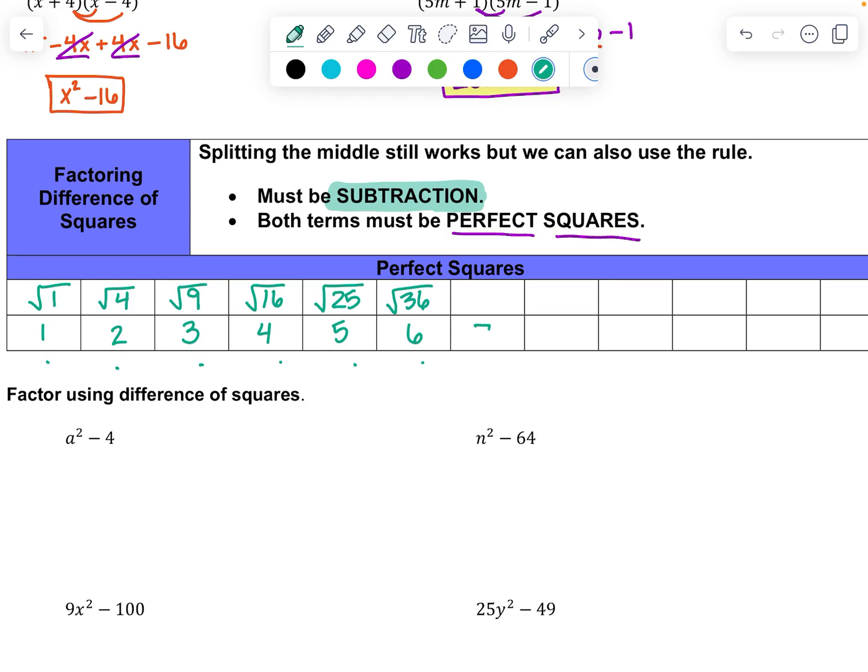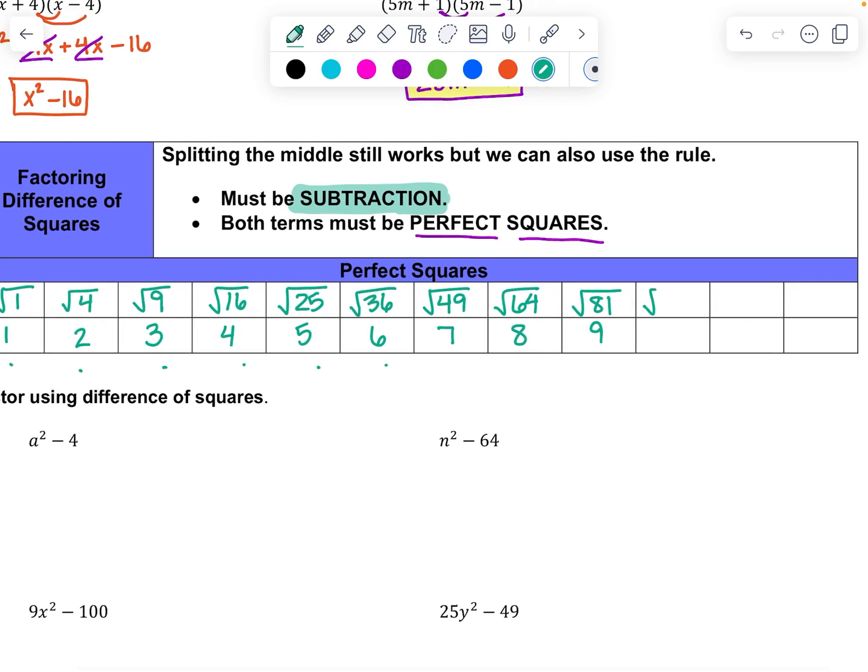So I'm working my way up. To get 7, I would need the square root of 49. To get 8, I would need the square root of 64. Square root of 81 gives me 9. Square root of 100 gives me 10. Square root of 121 gives me 11.